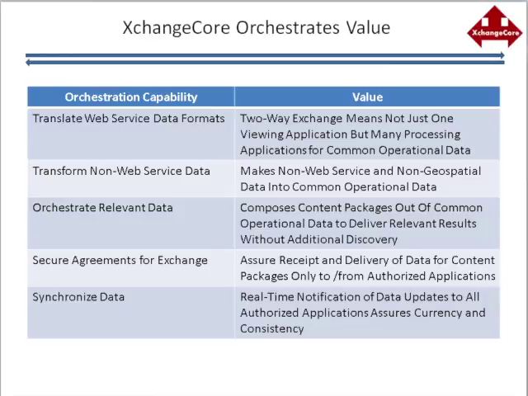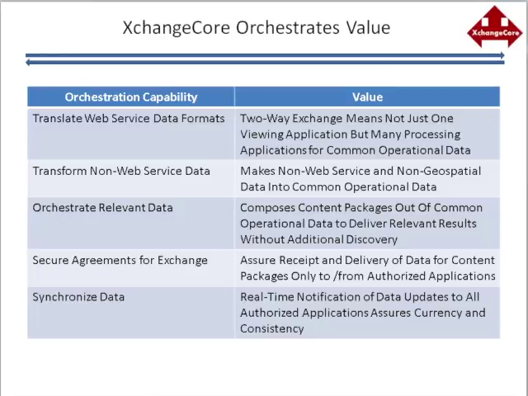And last piece, synchronizing data. Where's my value in that? Hey, if you don't have real-time notification and data updates, you're going to be out of sync. You're not going to be absolutely certain that the fire department and the police department are looking at the same information, and that somebody couldn't be saying, I'm moving down this street, at the same time somebody is saying, I'm putting a roadblock up on this street.